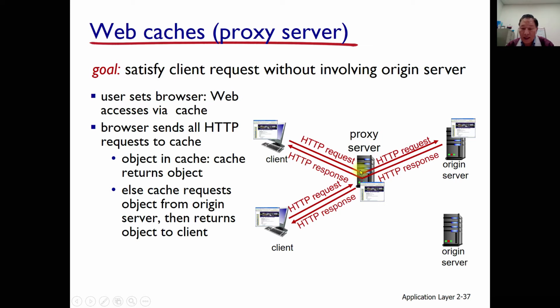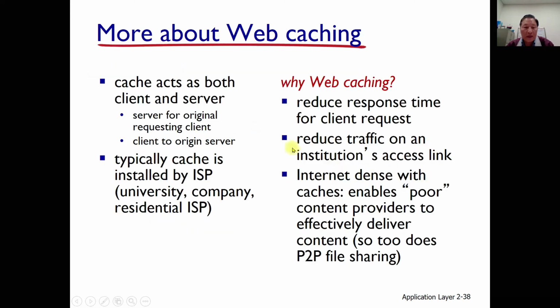If it does not have that object, then it requests the object as a client, so it is running as a client. In that sense, it works as a client as well as a server: a server for the original requesting client, and a client to the origin server. As I mentioned, it works in both ways.